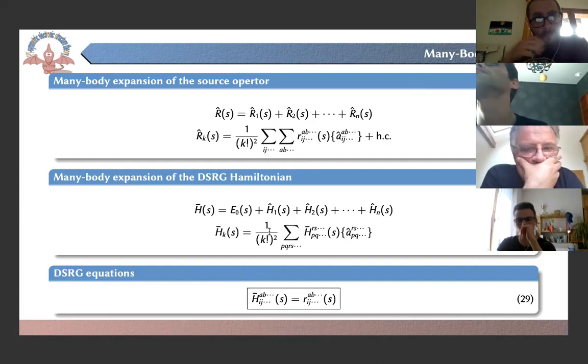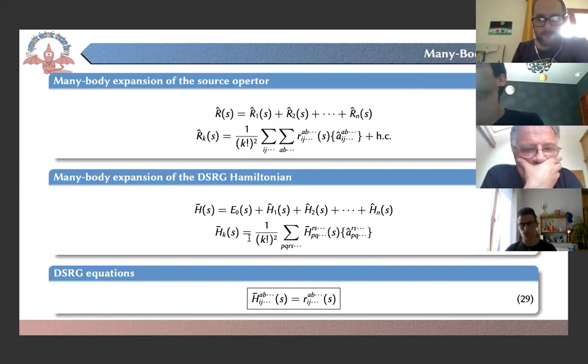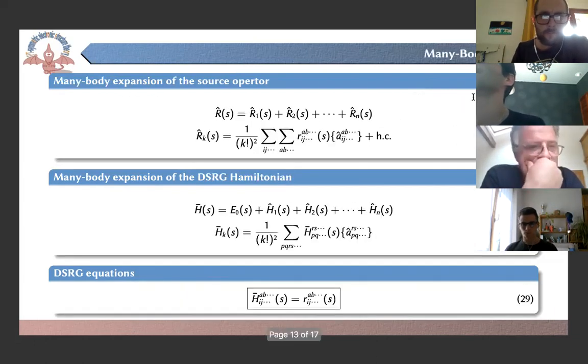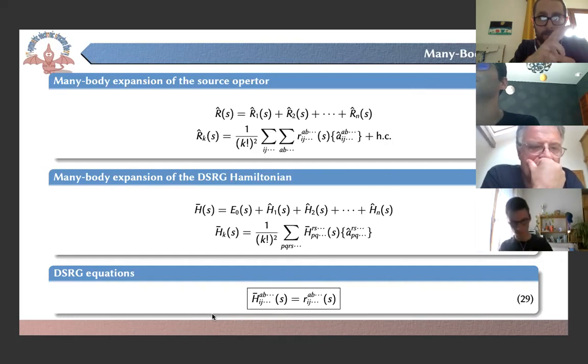Here it doesn't stop at 2-body; it goes to 3-body, 4-body, and so on, because it's an S-dependent transformed operator, so there is much more than 2-body terms. Because I need to solve omega equals 0, and omega is basically the transformed Hamiltonian minus the source operator, the DSRG equations look like this: my H bar component ij ab of diagonal must be equal to that source term.